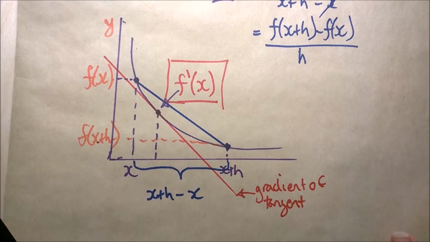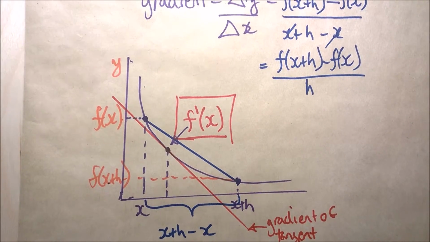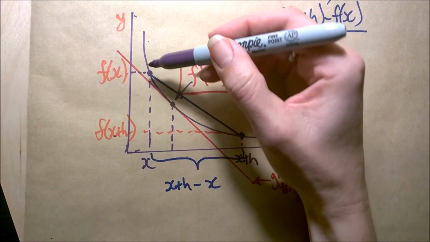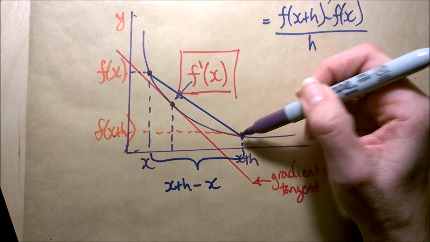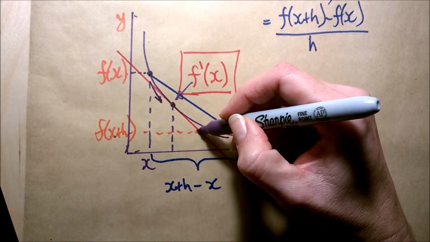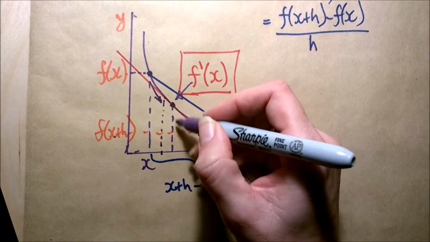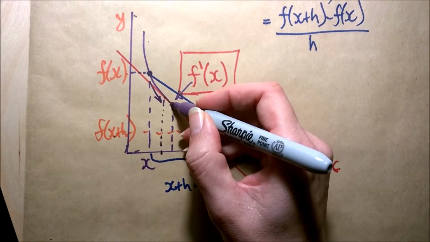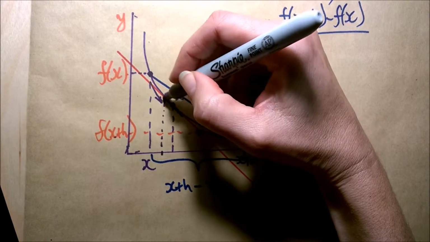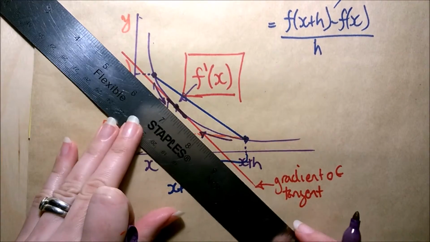Let's take a closer look at this graph. As these 2 points come closer and closer together, so if we take an x value closer to the one that we want, we get a line which is closer and closer to being this tangent.